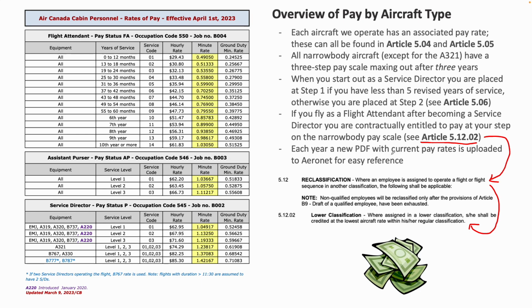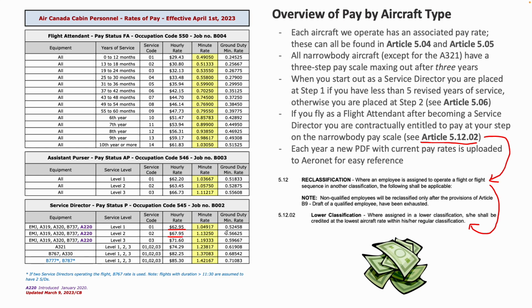And that means, practically speaking, at the minimum, even if you fly as a flight attendant, if you were at step 1 on the narrow body pay scale, for example, you should be getting $62.95 an hour at the very least. Or if you were at step 2, then at the very least $67.95.